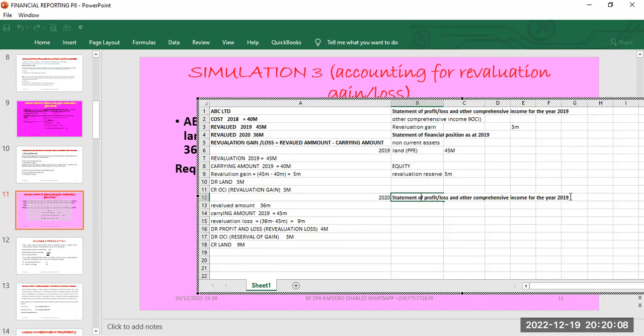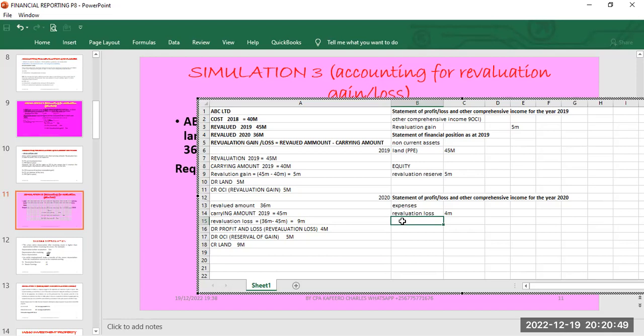This is 2019 now. This is 2020. So we are going to be having under our operating expenses a revaluation loss, which we have here of 4 million, which was the balance after offsetting the other gain. And that's going to be that because we don't have depreciation. If depreciation was there, we could put it there.